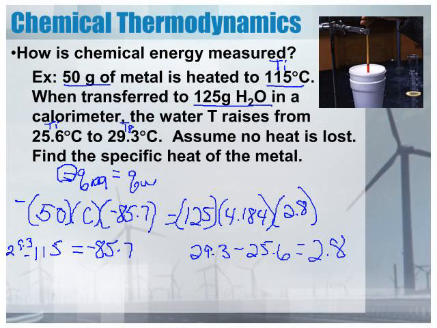From here, it's just algebra. You're solving for that C. And it ends up being 0.34. Remember the unit for your specific heat capacity is joules per gram degrees Celsius.